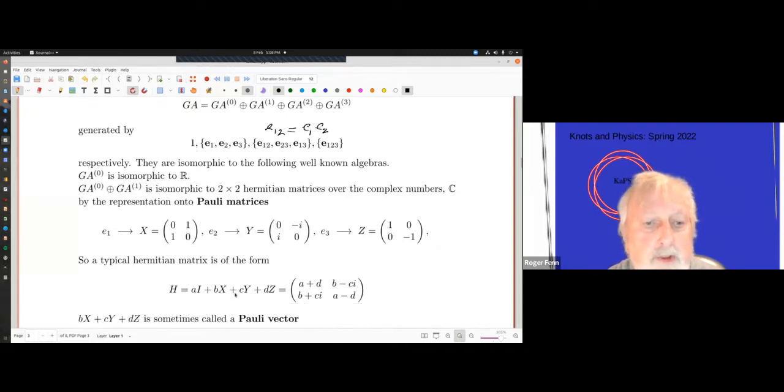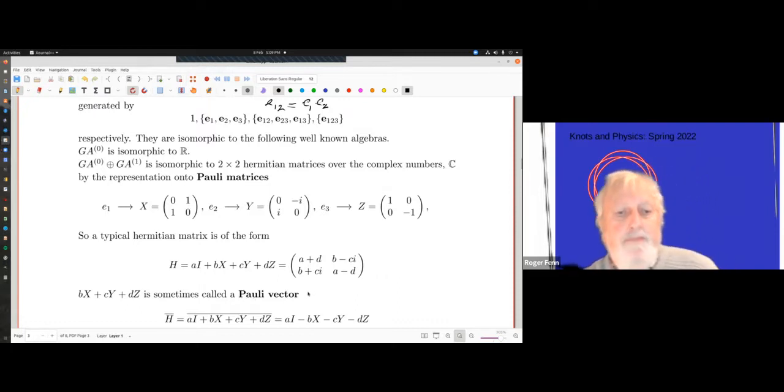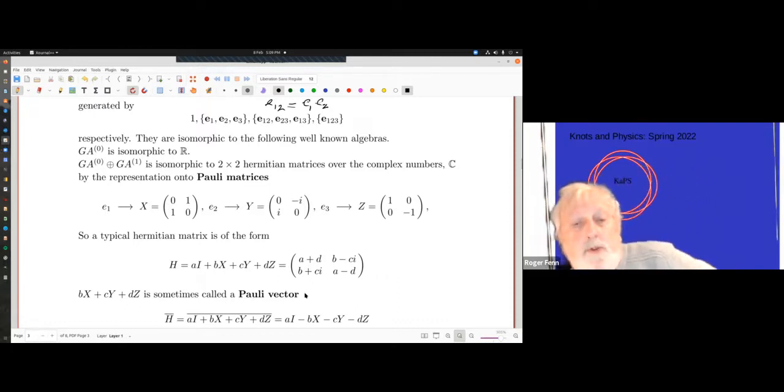So if we add them all together, A times the identity plus B times X plus C times Y plus E times Z, we get this matrix here, which is a general Hermitian matrix. So take conjugate, transpose. If we put A equal to 0, this is sometimes called a Pauli vector. I've no idea why.